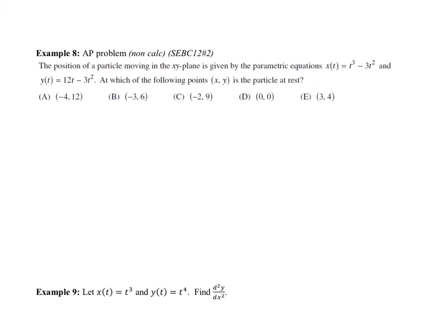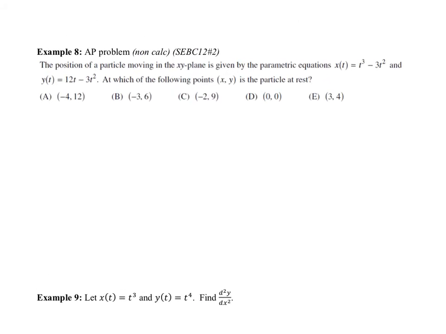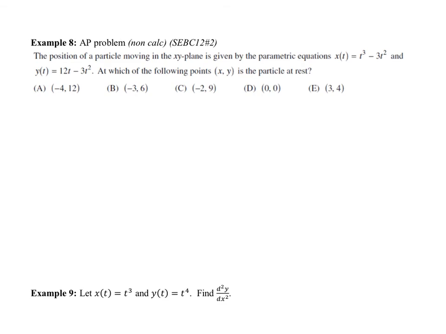All right, so in example 8, we're going to look for the moment at which a particle is at rest. So we have x of t and we have y of t, and we're trying to figure out when the particle is at rest, which remember when we were talking about the formulas for the parametric equations, at rest means that both dy/dt and dx/dt are equal to 0.